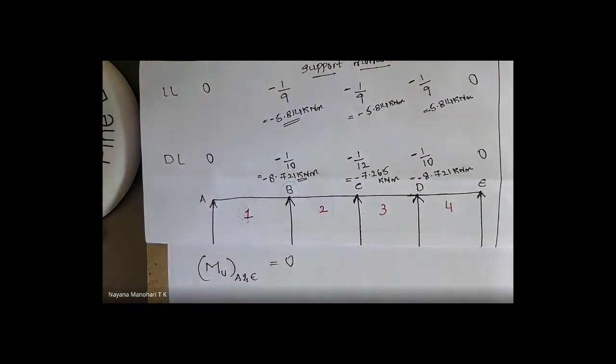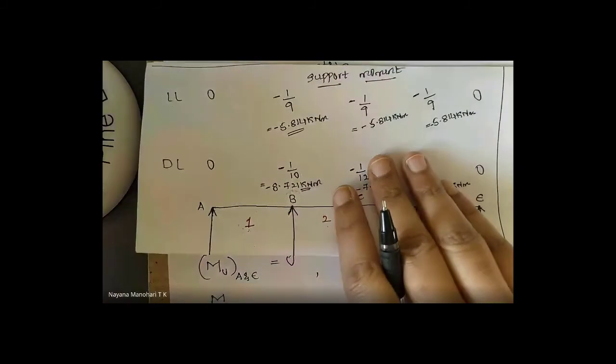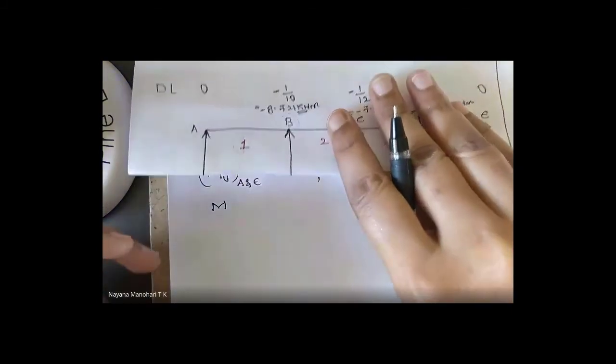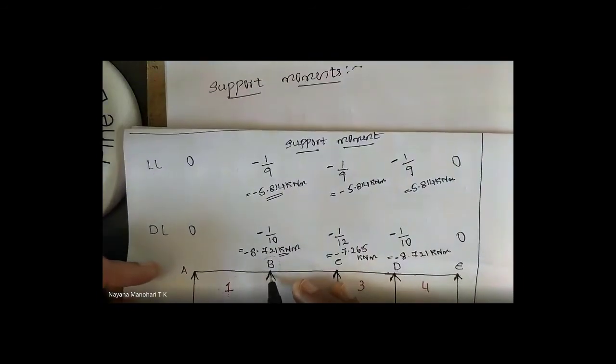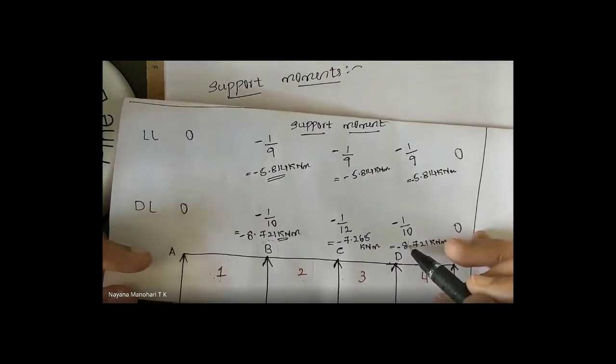Is it not? Equals to 0. Next, you need to calculate mu. Okay, that is what? Mu at B as well as D. Okay, both are same.